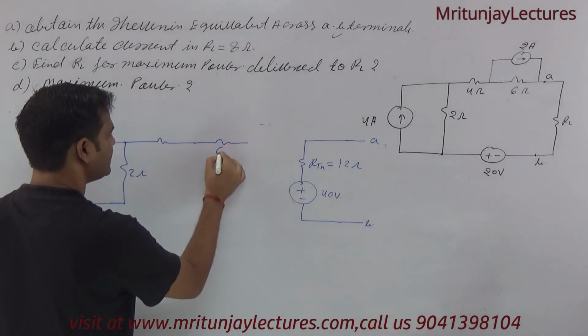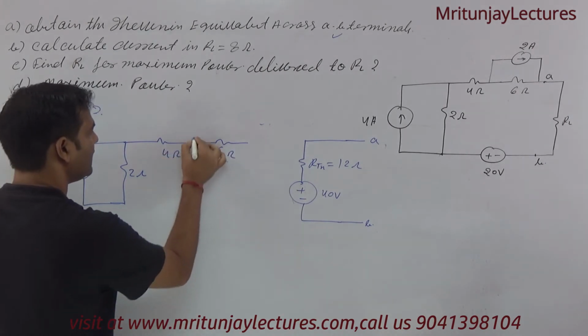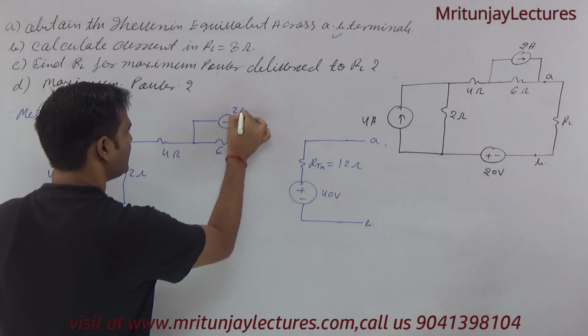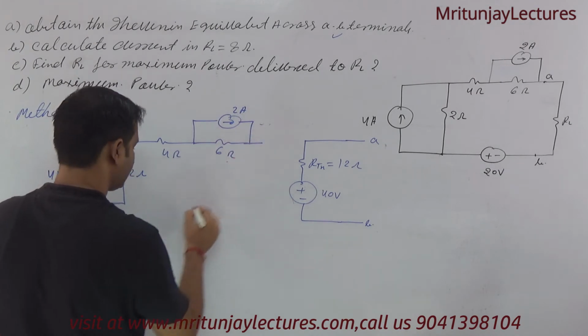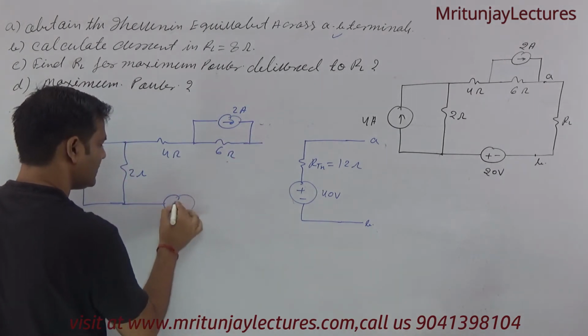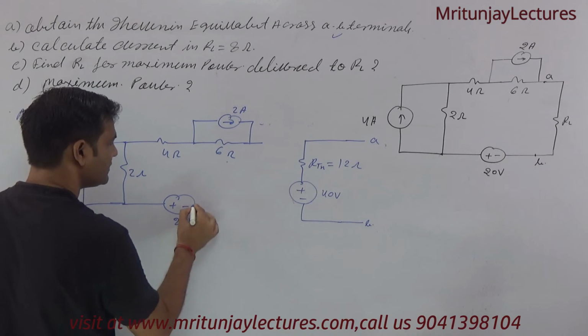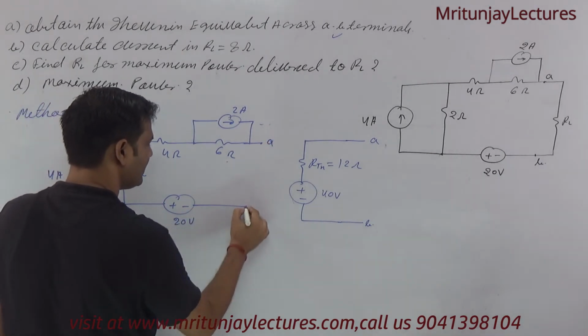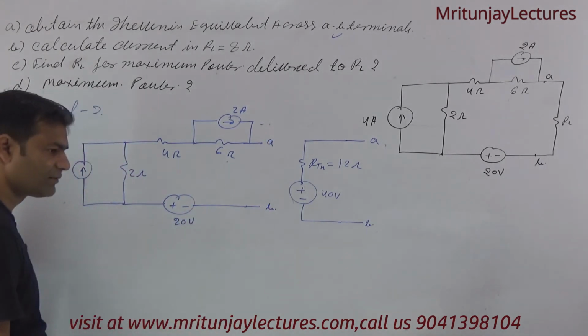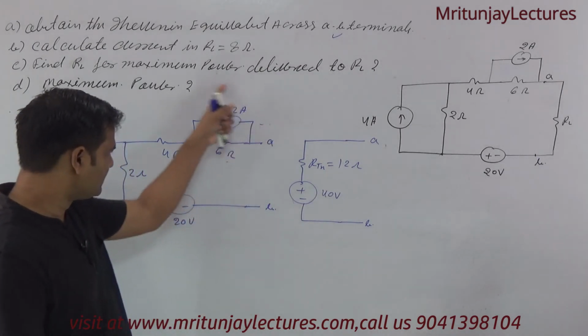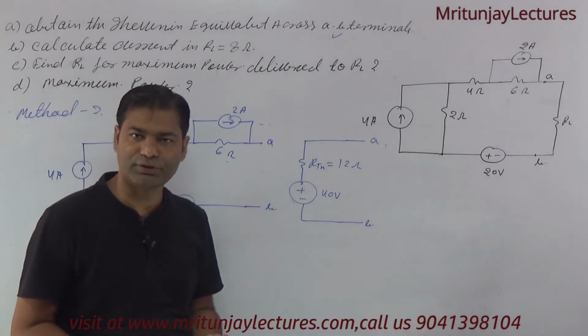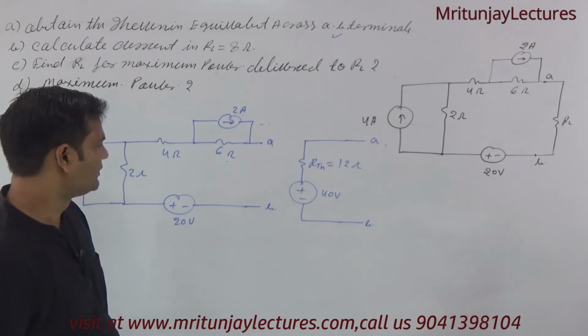This is 6. 4, and this one is 2 ampere. Clear? And now plus minus, that is 20 volt. Our motto, equivalent: first of all, this one is converted into a voltage source. Okay.